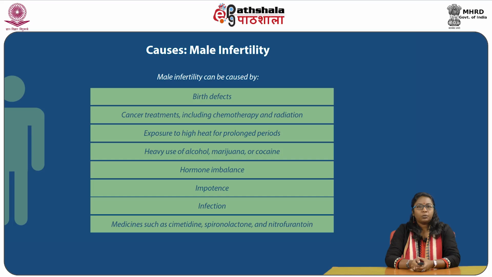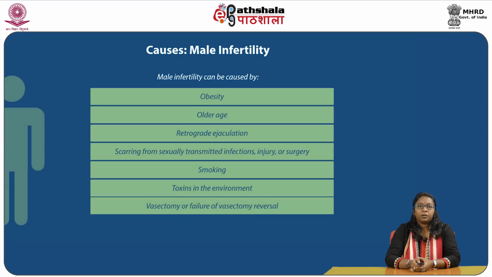3. Exposure to high heat for prolonged periods. 4. Heavy use of alcohol, marijuana or cocaine. 5. Hormone imbalance. 6. Impotence. 7. Infection. 8. Medicines such as cimetidine, spironolactone and nitrofurantoin. 9.